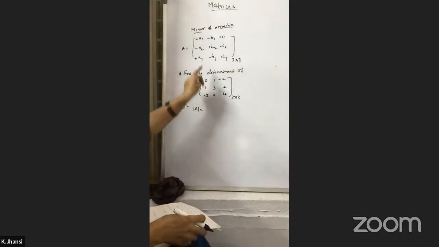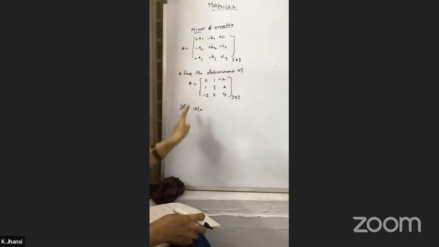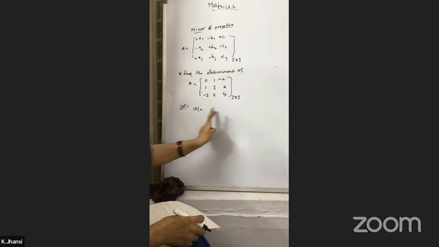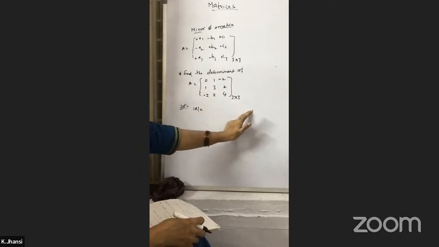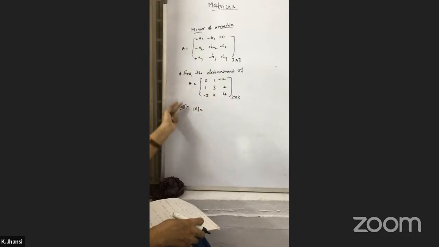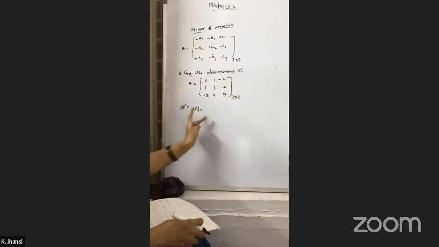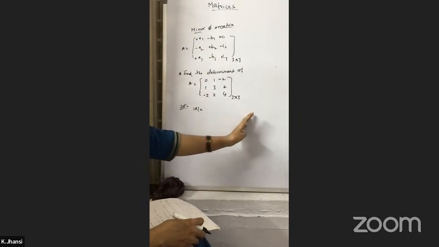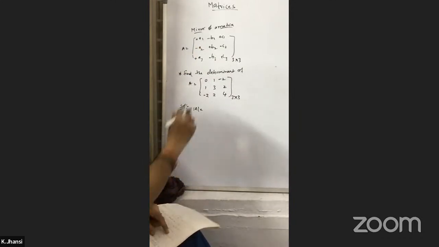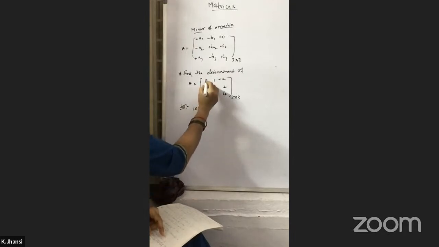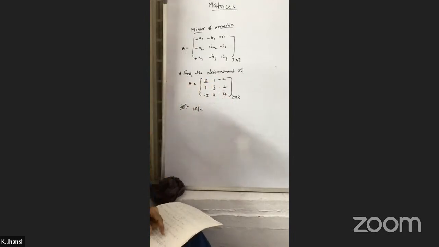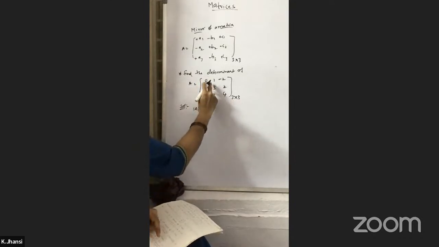If you understood the concept, you can directly find the determinant. First I'll tell the direct method. If you have not understood this concept perfectly, then you can elaborate this solution and write it like this. So determinant is equal to, first row, first element: 0. 0 into, you have to eliminate this row and this column.